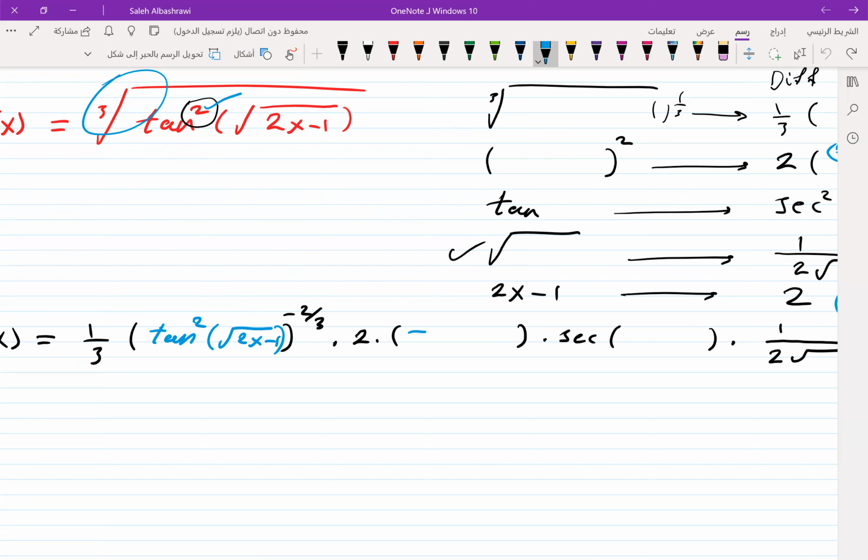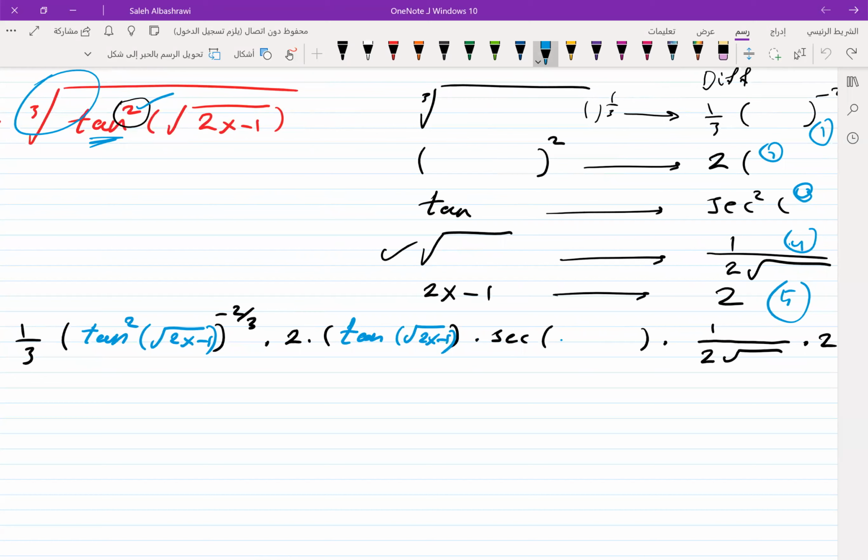So keep the tangent, 2x minus 1. Then we differentiate the tangent, and the angle must be there as it is. 2x minus 1. Then we differentiate the square root, keeping the function inside as it is.